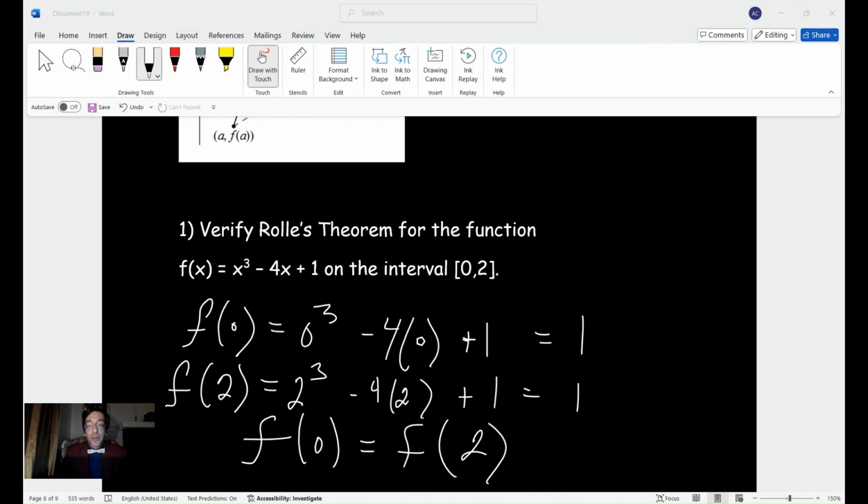And now we compute the derivative. And again, this video, if you have not done calculus before, it's not going to make sense. If we compute the derivative, the original function is x to the third, so it's going to be 3x squared minus 4.